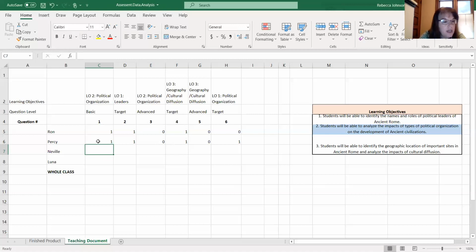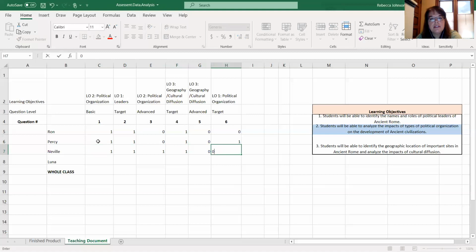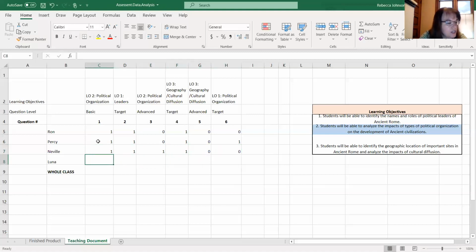So Neville 1, 2, 3, and 4, he got right, and he missed 5 and 6. And Luna got all of those correct, every single one, right? And so now we have a read on how each student did.